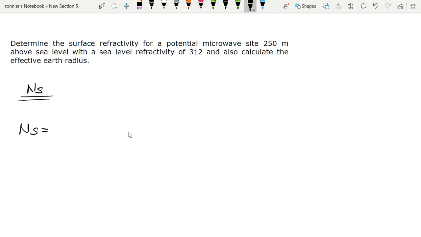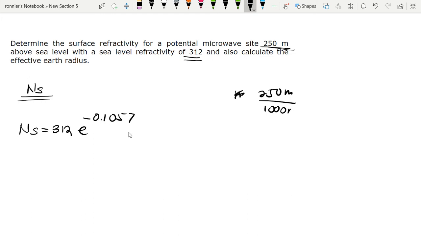So, yung equation for surface refractivity is equals to N0. Binigay naman yung N0 dito or yung sea level refractivity, 312 times e to the negative 0.1057 Hs. I think binigay dito 250 meter. So, dapat naka-kilometer, so kailangan natin i-divide ng 1,000.